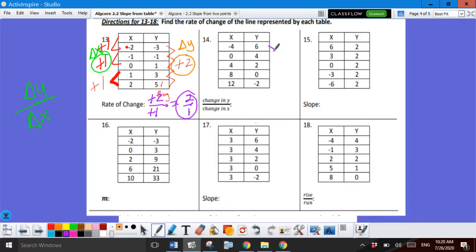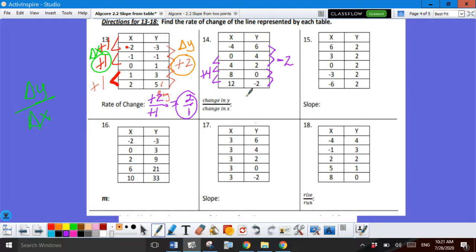Let's look at the next one. 6 to 4, 4 to 2, 2 to 0, 0 to -2. Notice how this is going down, so I know I'm going to be negative. I am subtracting 2. What's happening on this side? -4 to 0, 0 to 4, 4 to 8, 8 to 12. If you said that's adding 4, you're correct.